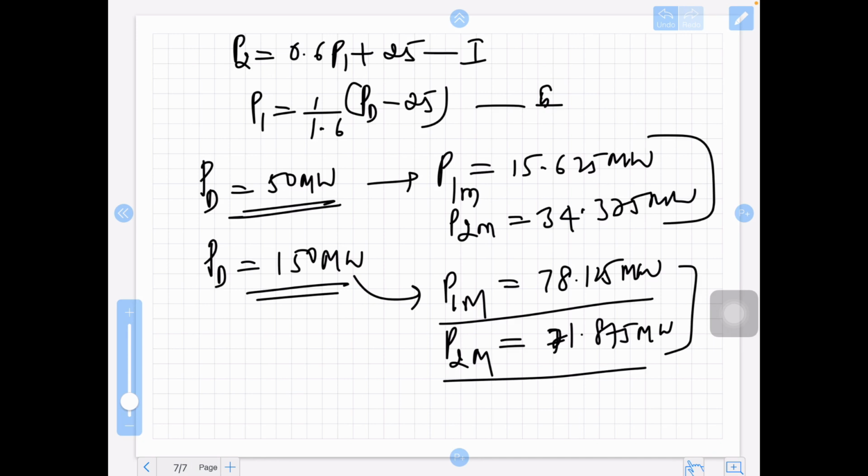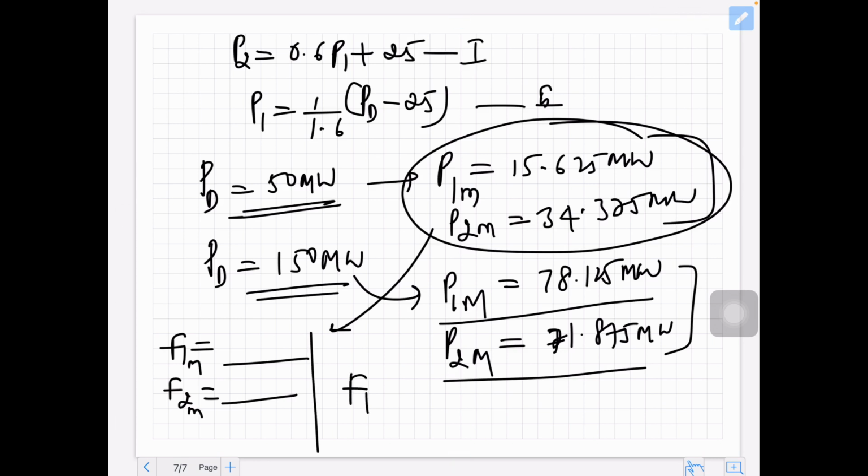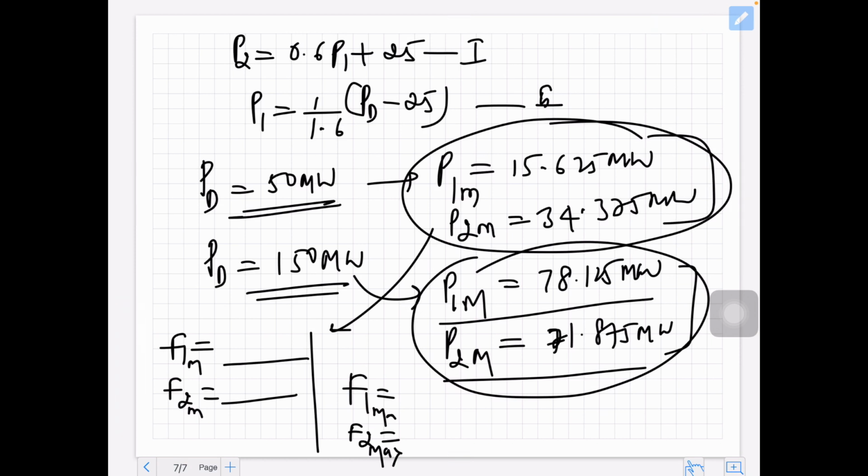If you want to find the cost for this, we have the F1 equation and the F2 equation. If you substitute the P1 and P2 values, you will get F1 small m. Similarly, substituting the P1 and P2 values for the maximum load, you will get the maximum generation cost.